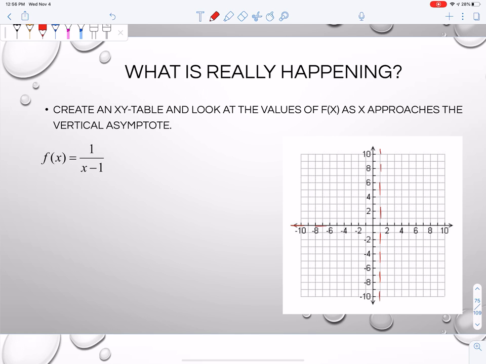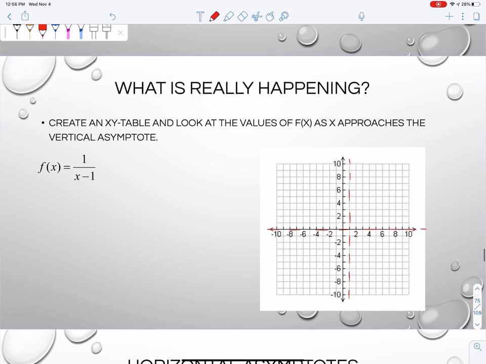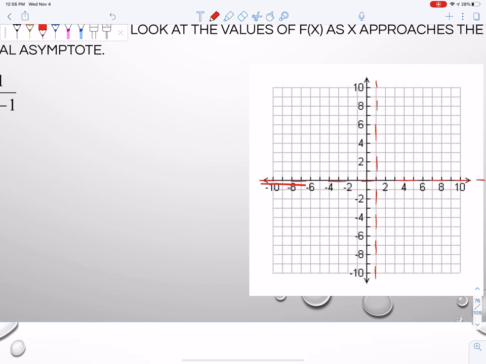And I'm actually going to have a horizontal one, but we haven't talked about those yet as well. That's going to be the x-axis. And I'm going to have something that's going to look something like this. All right.